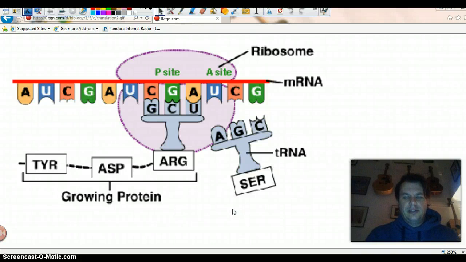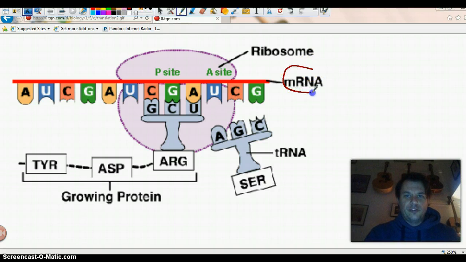Okay, so tonight's discussion is going to be on translation, the second step of protein synthesis. What I've got here is a picture of our ribosome. As you remember from our discussion in class, this is the mRNA strand.